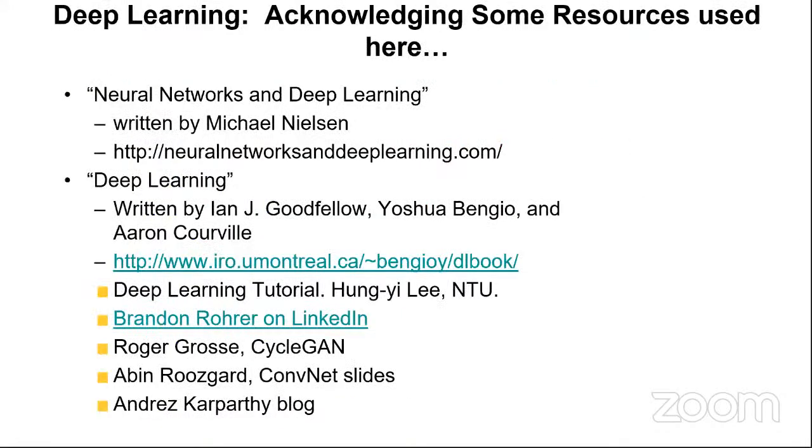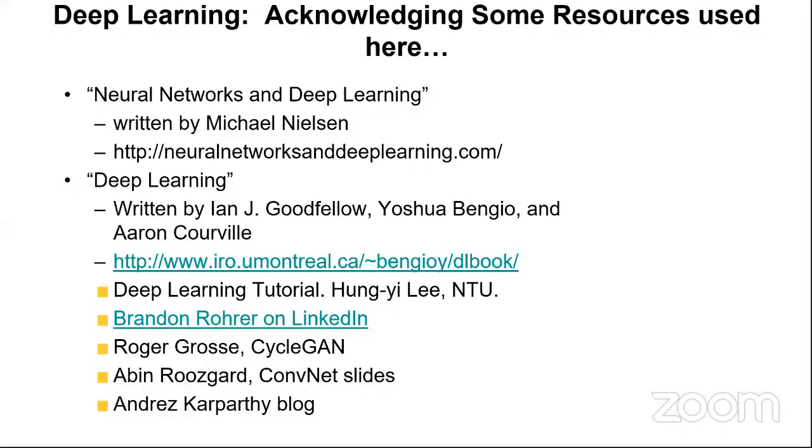I would like to acknowledge a number of resources I have used in these slides, especially the tutorial talk by Hung-yi Lee from National Taiwan University. These tutorials are all freely available. The deep learning book by Ian Goodfellow, Bengio, and Courville. This book is in fact all the top conference papers, AAAI, NeurIPS, ICML, the biggest journals of machine learning research.